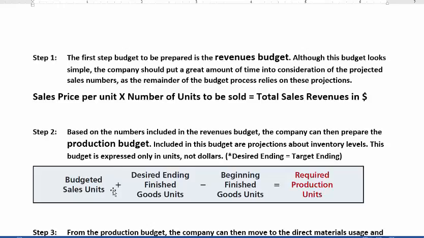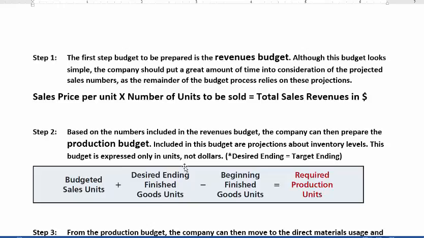So what is our formula? Budgeted sales units. This number is the number of units from our sales budget. How many units are budgeted to be sold? We're going to take that number and we are going to add it to our target or desired ending finished goods units.